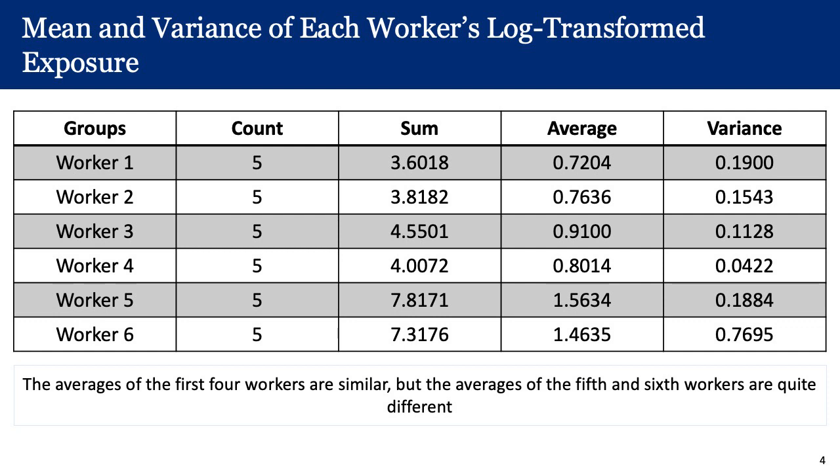The column on the extreme right shows the variance, and the column titled average shows the arithmetic average of each worker, and the count refers to the number of measurements per worker. And if we cursorily look at the averages of the 6 workers, we see that the averages of the first 4 workers are similar, but the averages of the 5th and 6th workers are quite different.